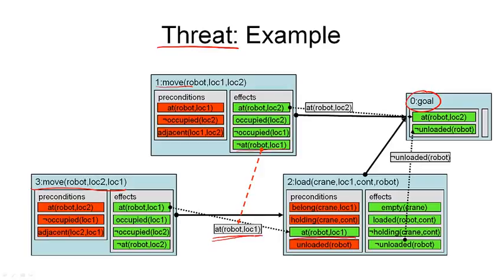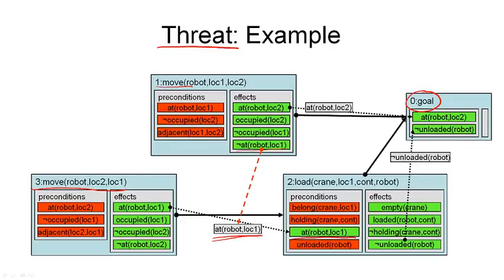This means if we first executed action number 3, the move robot location 2 location 1, then action number 1, moving the robot from location 1 to location 2, and finally action number 2, loading the container onto the robot with the crane, etc., then this plan would not be valid because the second action in our totally ordered plan would destroy the protected condition that we need to execute the final action in that plan.